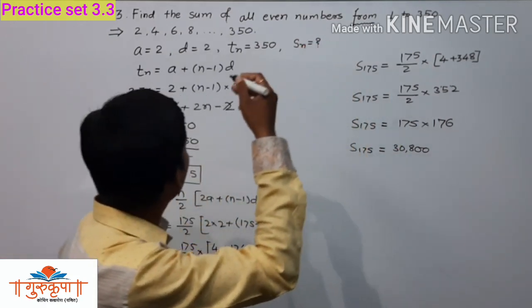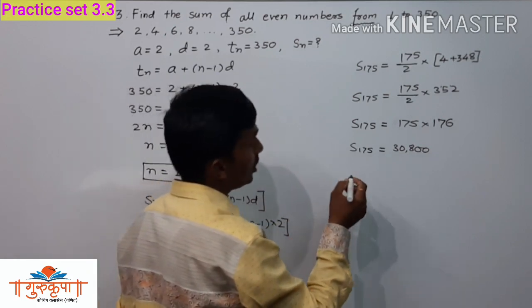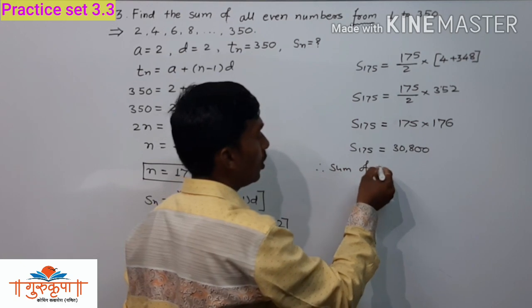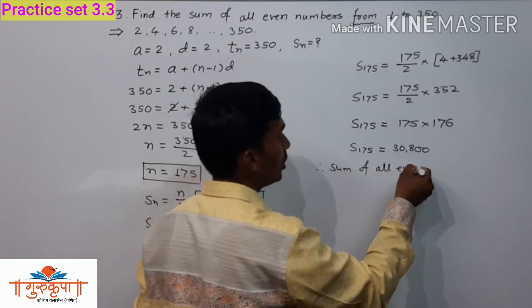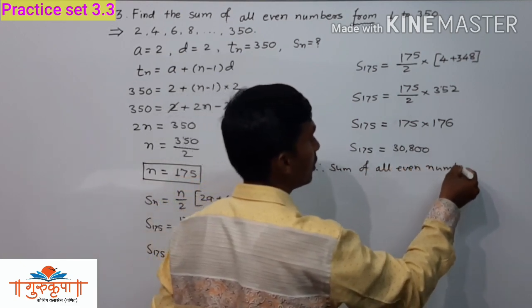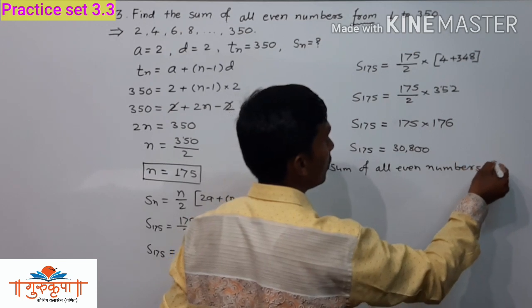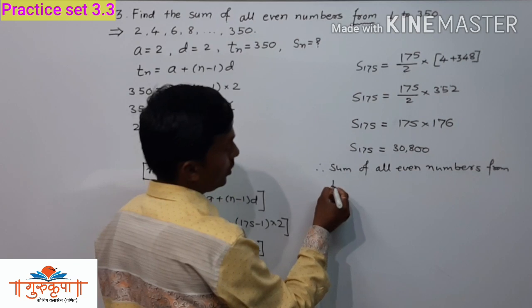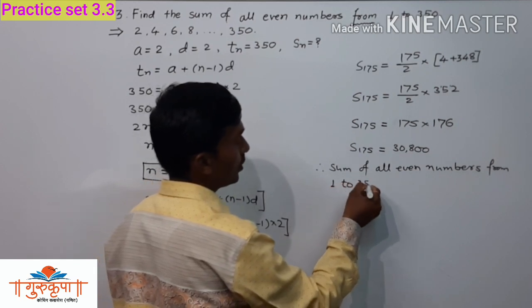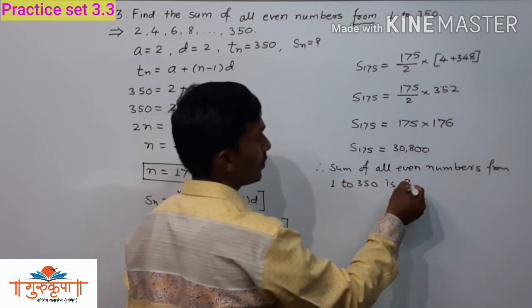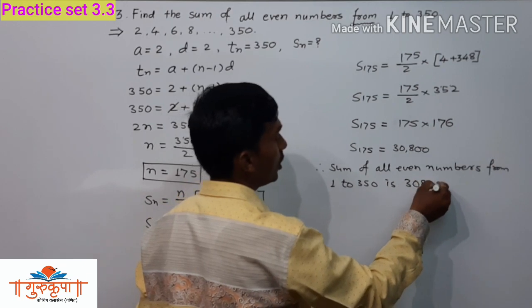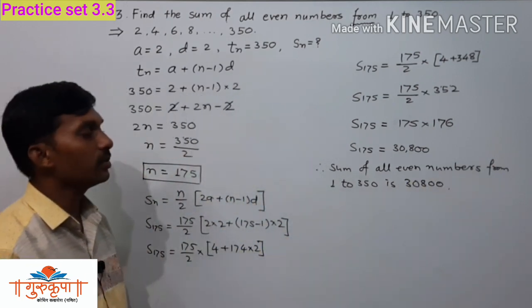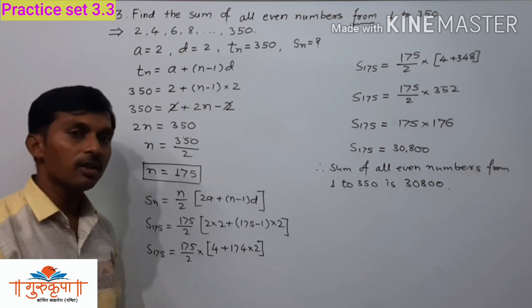We will write the answer in words: sum of all even numbers from 1 to 350 is 30,800. That is the sum of all the even numbers from 1 to 350.